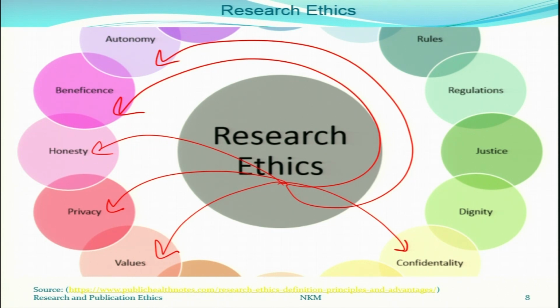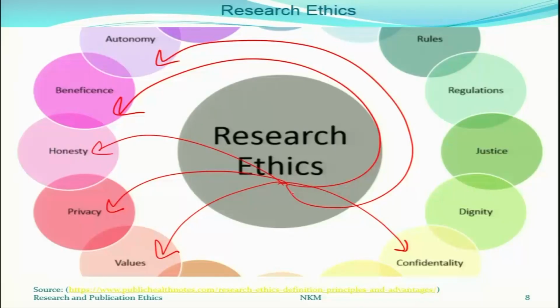And you must give the subject the freedom to leave the research at some time also. This applies especially when we talk about medical research, clinical trials, and drug testing. So we have to care for the autonomy of the subjects. And we will be discussing one interesting case study later in this discussion about autonomy.